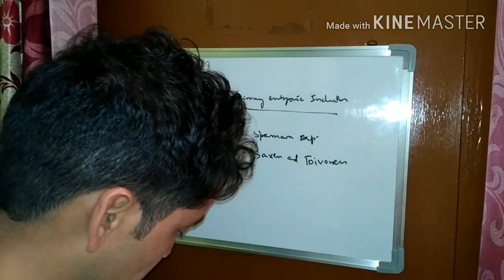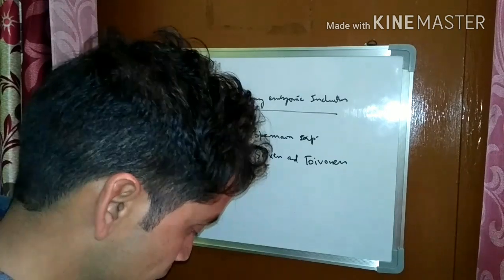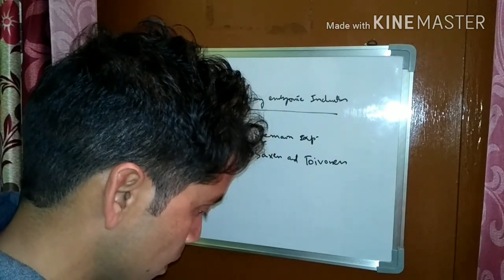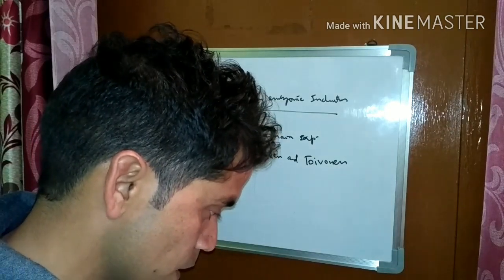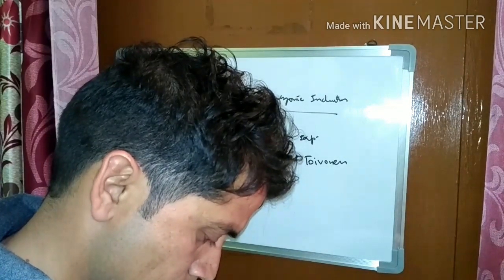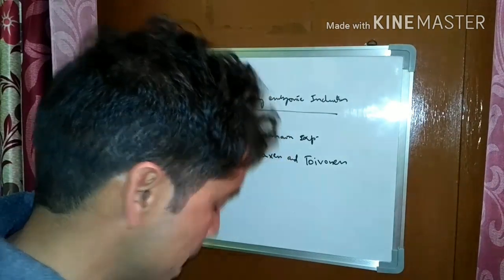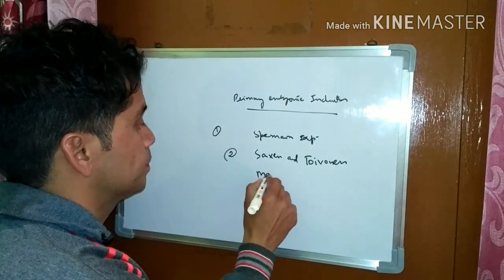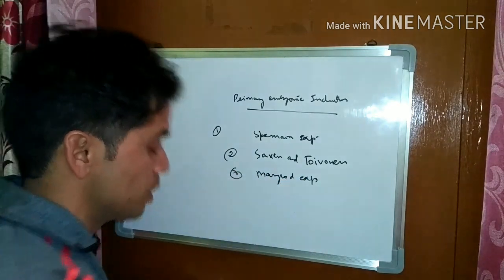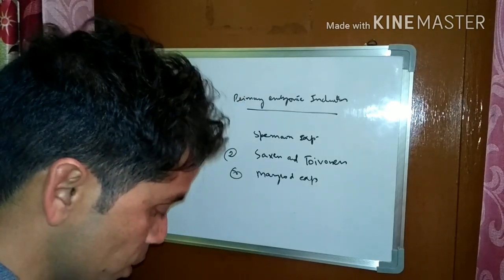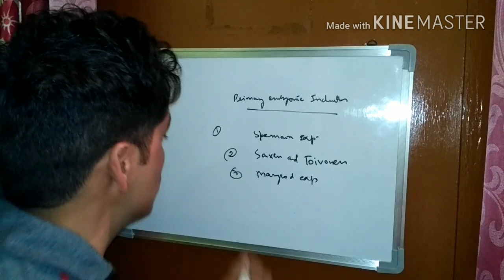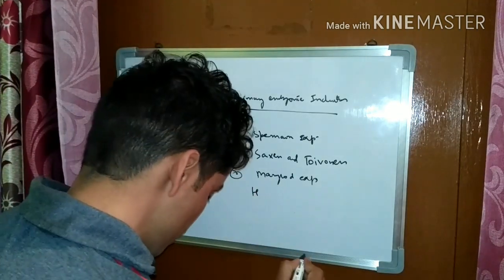After that, another experiment we will discuss is the Mangold experiment. This is a very important experiment under primary induction. Then the Holtfreter sandwich experiment, which is also very important.